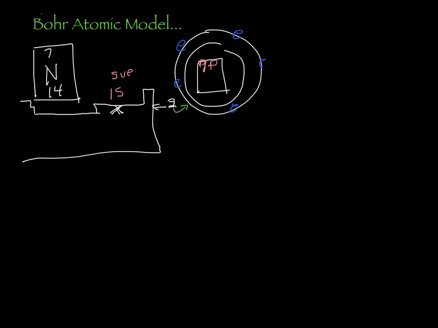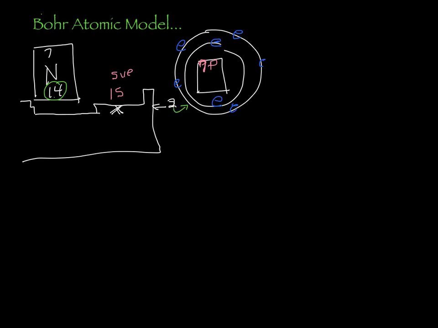Now, there's 7 total because there's 7 protons, so we're going to put 2 in the first shell because the first shell can only hold 2. So 1, 2, 3, 4, 5, 6, 7. And then we know that the neutrons are going to be determined by the mass, which is 14.